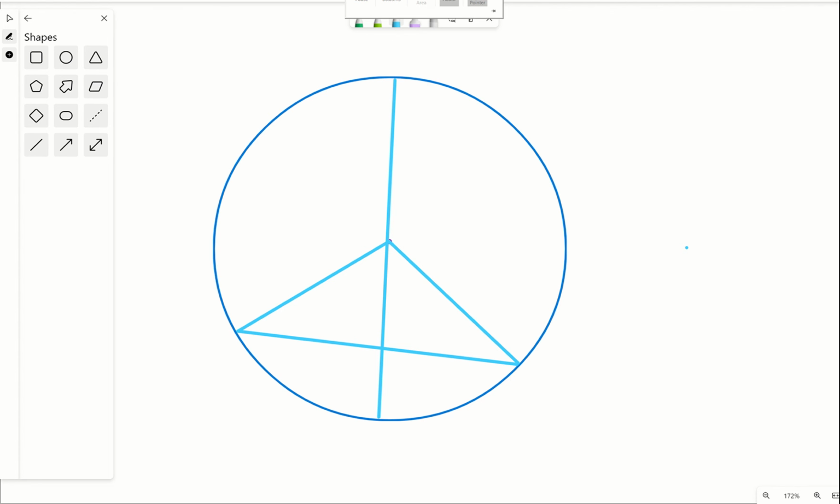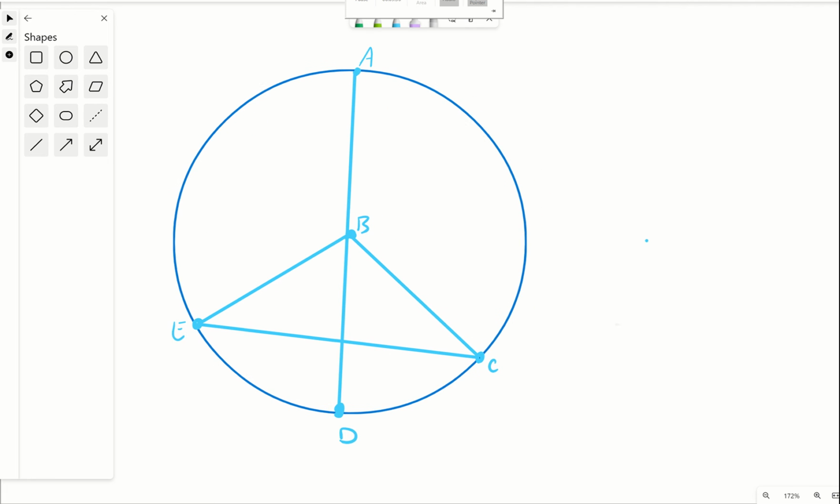I like that. Let's name these points. Here is point A, B, C, D, and E.